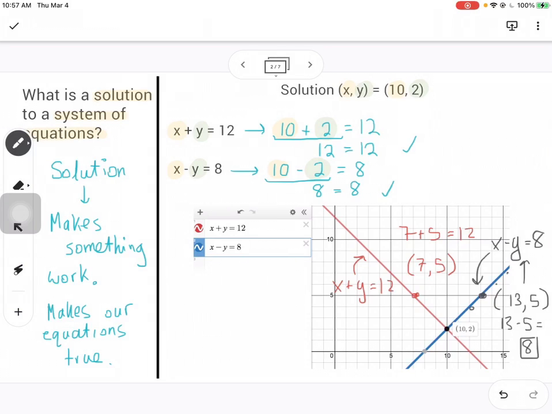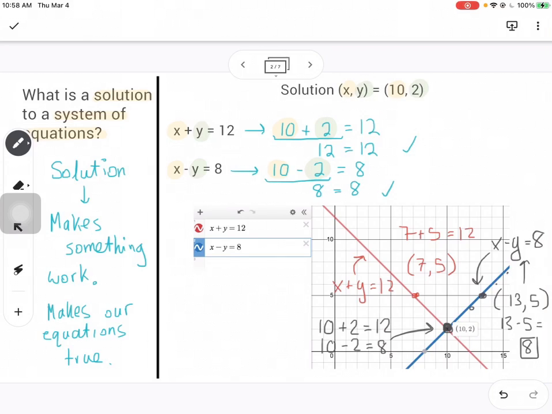When we graph a system of equations, the point where they cross is the point that makes both equations true. At this point, 10 plus 2 equals 12 and 10 minus 2 equals 8.